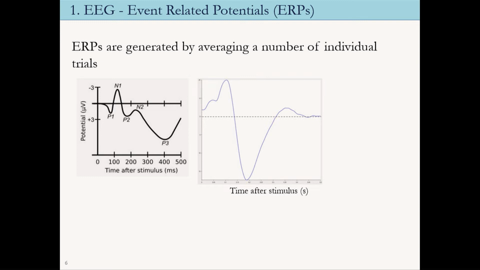We have many repetitions of this specific task, many recordings, and we average everything together to create an average response. This average response has some positive and negative deflection, and it has quite a stereotypical format.